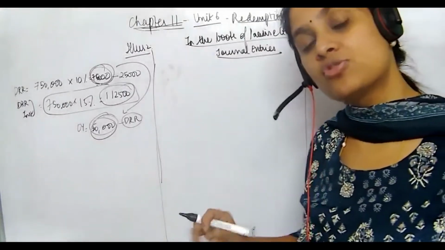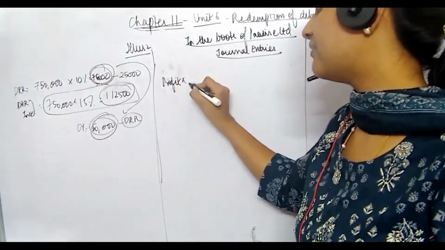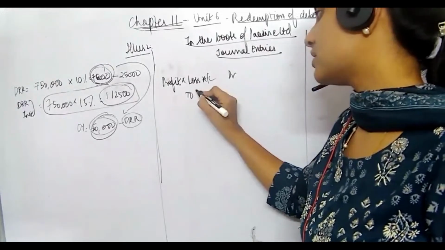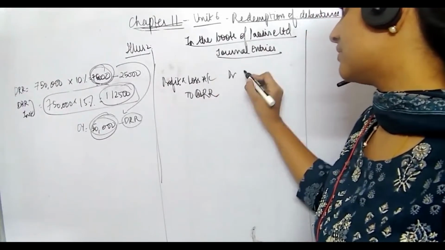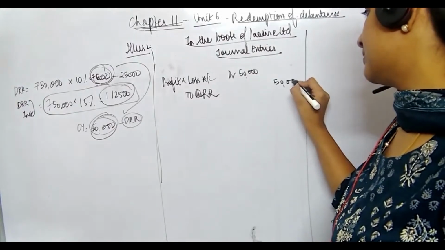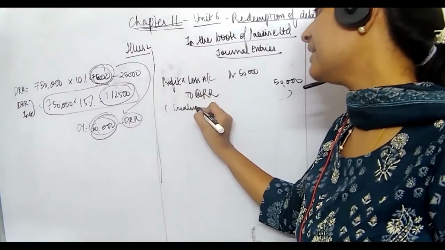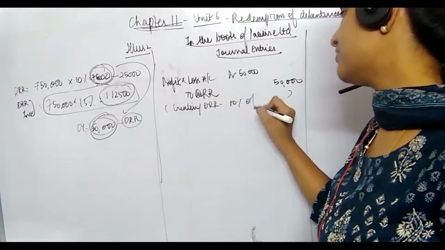What am I supposed to do when I'm creating the 50,000? I told you DRR will be created from the P&L account. Profit and loss account to the debenture redemption reserve, which comes to 50,000 and 50,000. Okay, so this is the first entry, creating DRR at 10% of the face value.